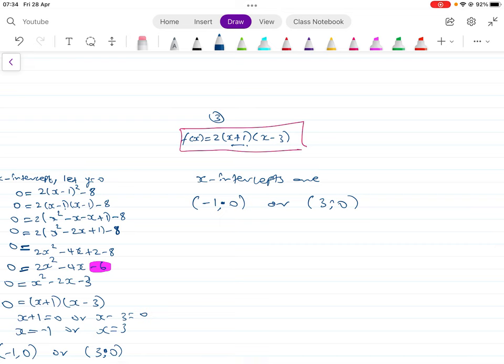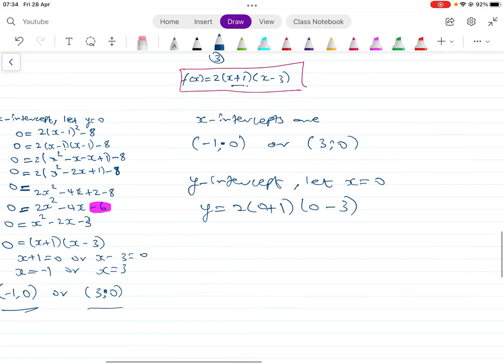And then for the y-intercept, you just let x equal to 0. So you're going to have y equals to 2 into 0 plus 1, not all squared, what am I doing? And then you have 0 minus 3. You see that? So in the very same equation, just substitute x by 0, and then you'll have this y equals to, now just work everything out.